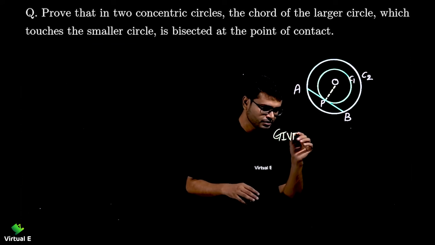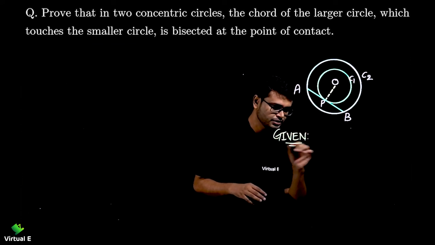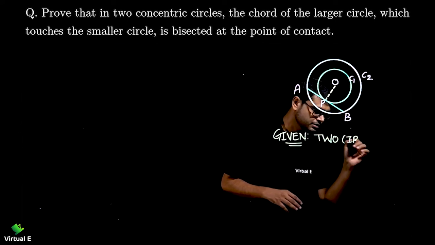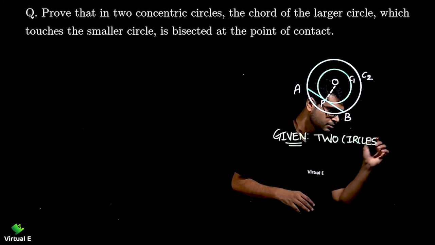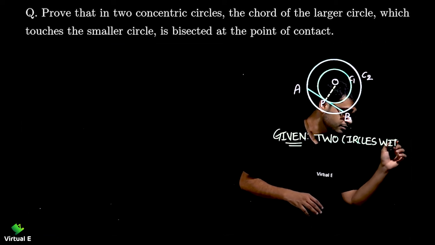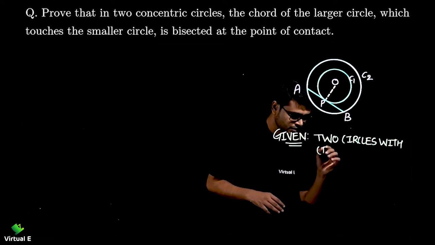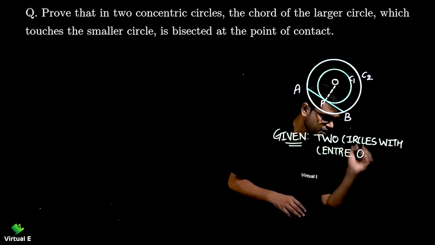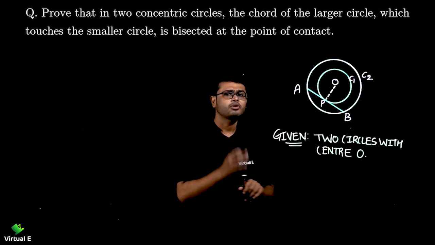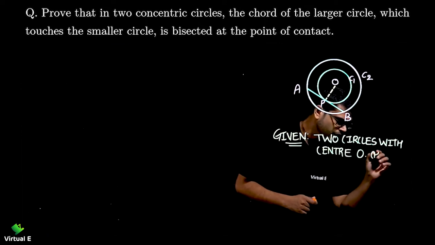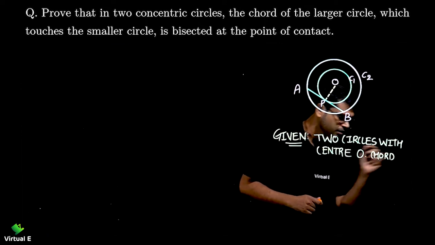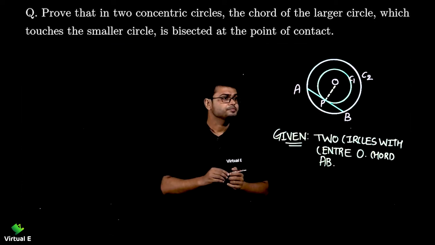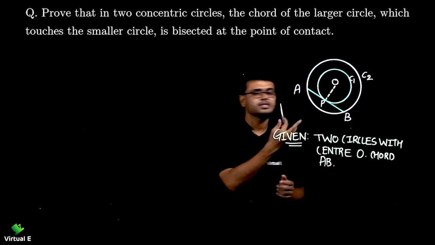Given, we have two circles with center O, right? Then we have a chord as well. Let's write chord AB. P is the point of contact.